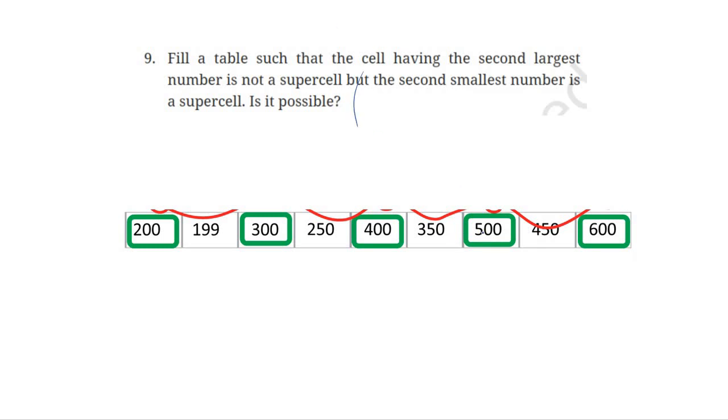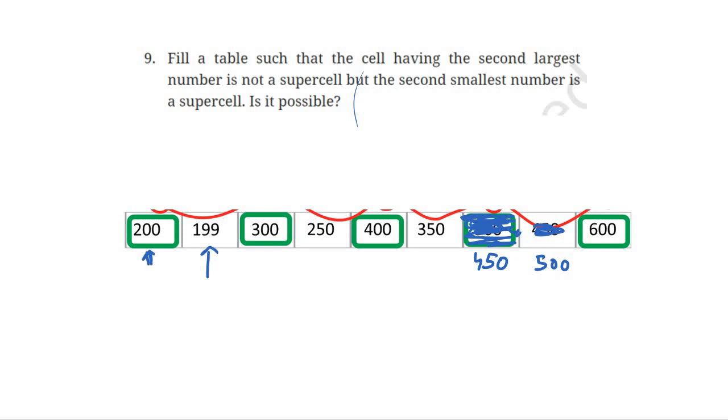So if I put 450 over here and 500 over here, then there is no supercell. So no supercell. Now what is the smallest number in this case? The smallest number is 199, and see, the second smallest number is this number.